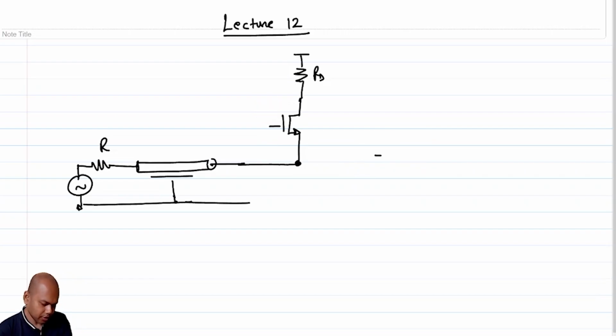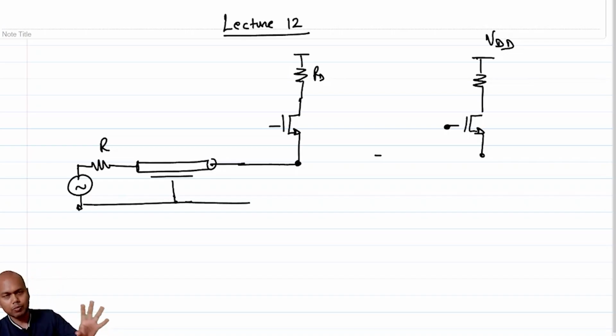So firstly, let me just sketch out a common gate configuration. We know that there has to be a supply, that's for sure.